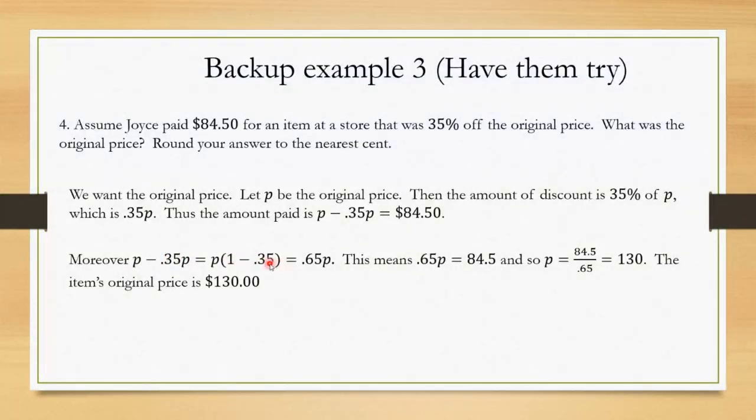And we get P times 0.65. So from here, we have 0.65 times P is 84.50. Can we get P? Yeah, we can. We just divide, and we get 130. So whatever that item's original price was, it's $130.